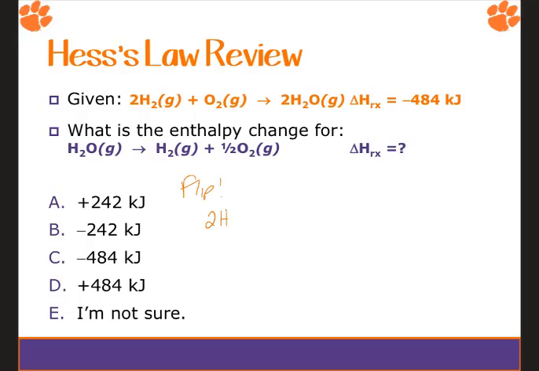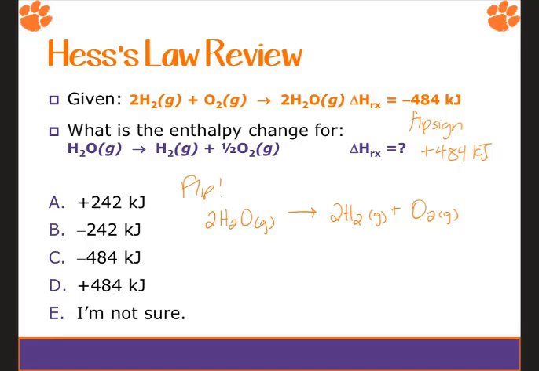So we have 2 H2O on the reactant side, breaking down into 2 H2 gases plus an O2. The first thing we have to do is flip the sign on the delta H. So it becomes positive 484 kilojoules. Remember, same number, opposite sign.